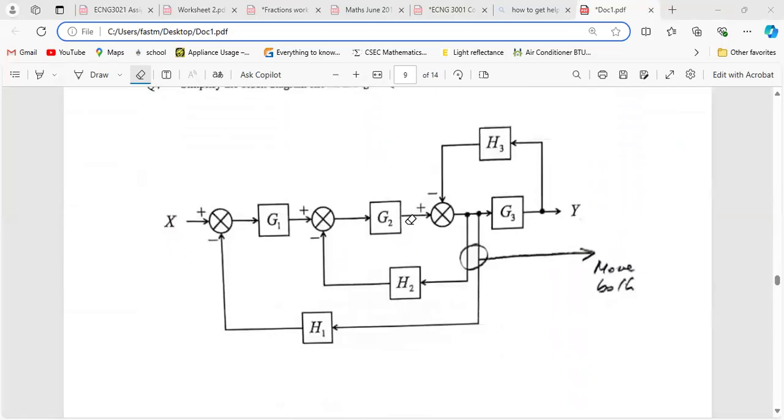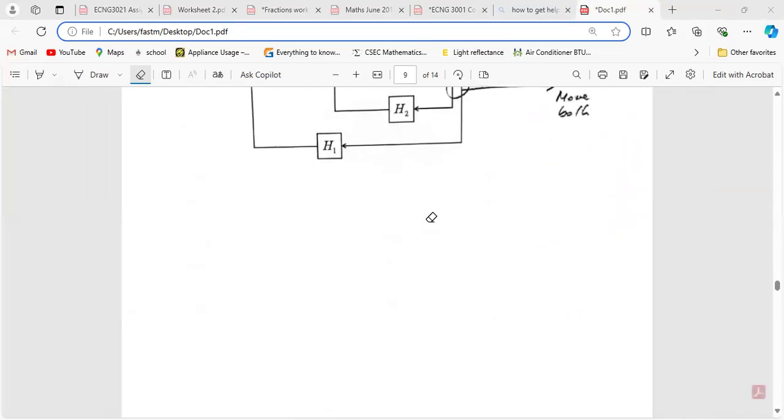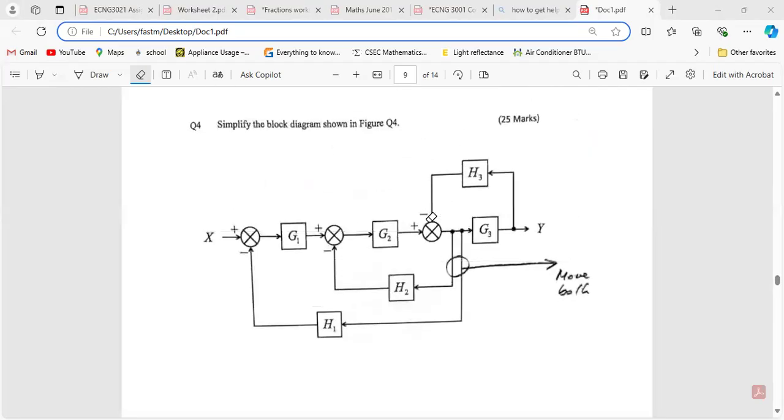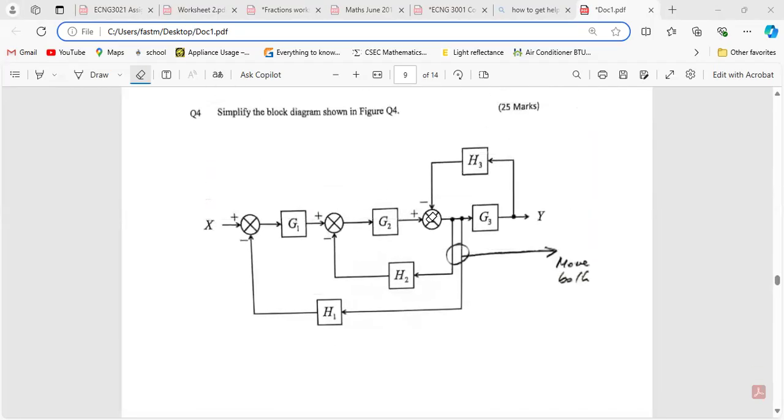So question, you all did block diagram. So you showed you all the laws and stuff already. Okay. All right.